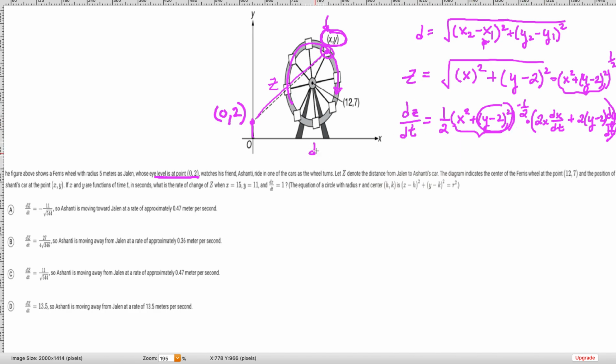I'm going to write dz dt so it's a little clearer.